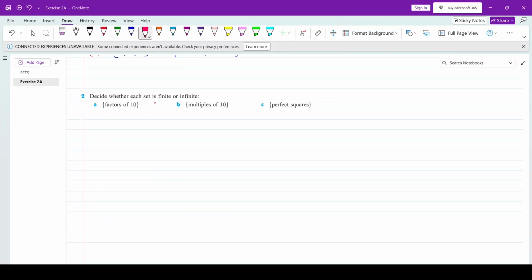Decide whether each set is finite or infinite. Now a finite set is the set that has a definite value for the number of elements.